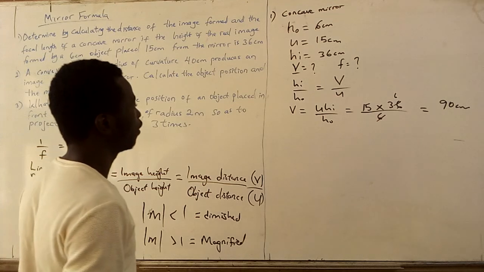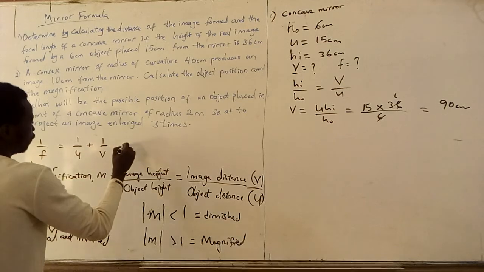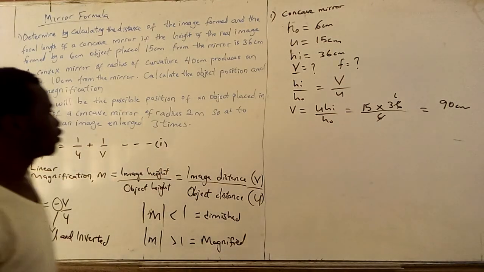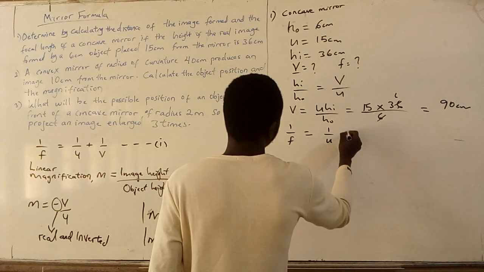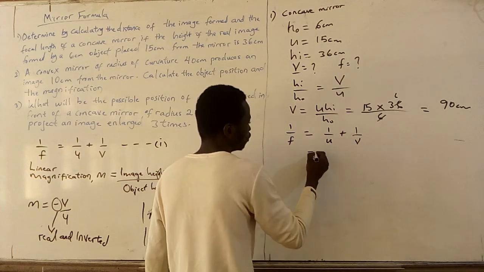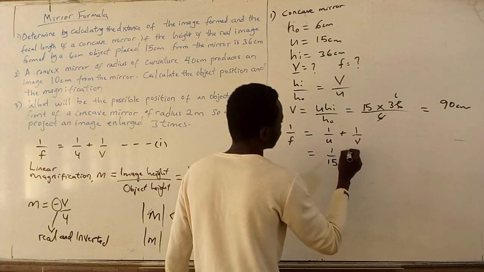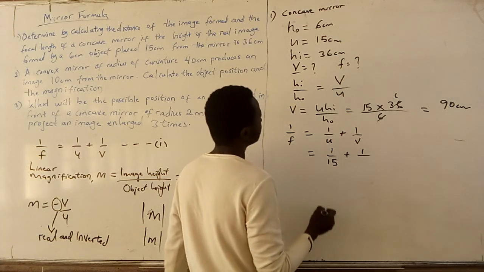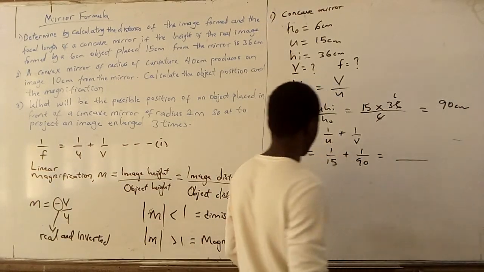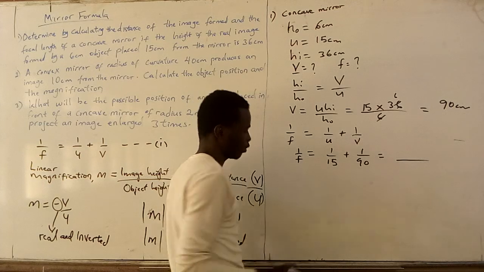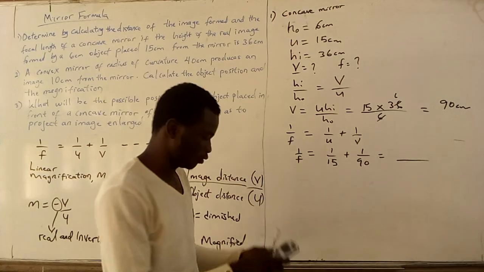Now to calculate the focal length, we are going to use the first equation, which says 1 over f equals 1 over u plus 1 over v. So u is 15, plus 1 over v, that's 90. We can use our calculator here to find this.